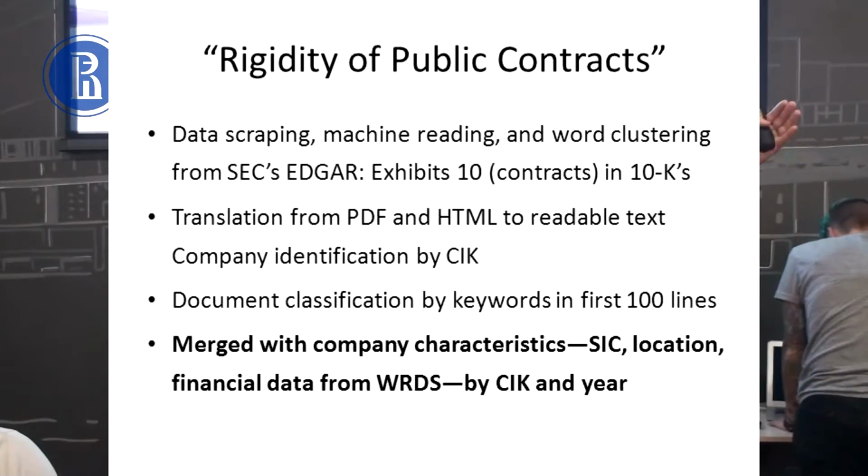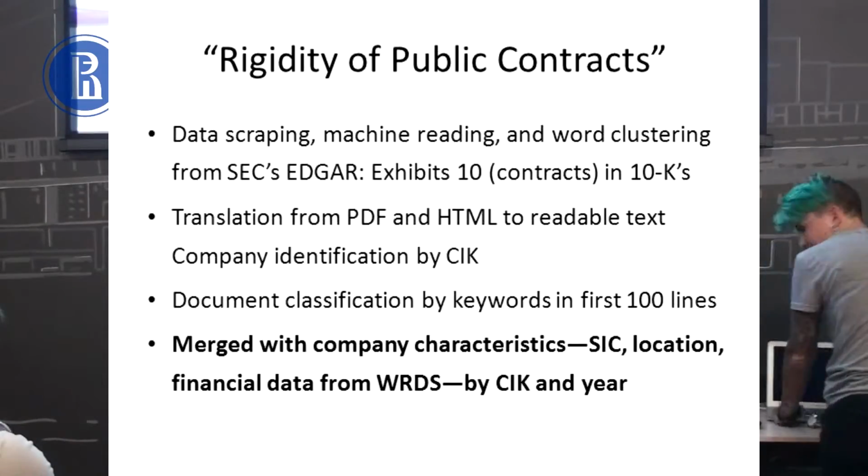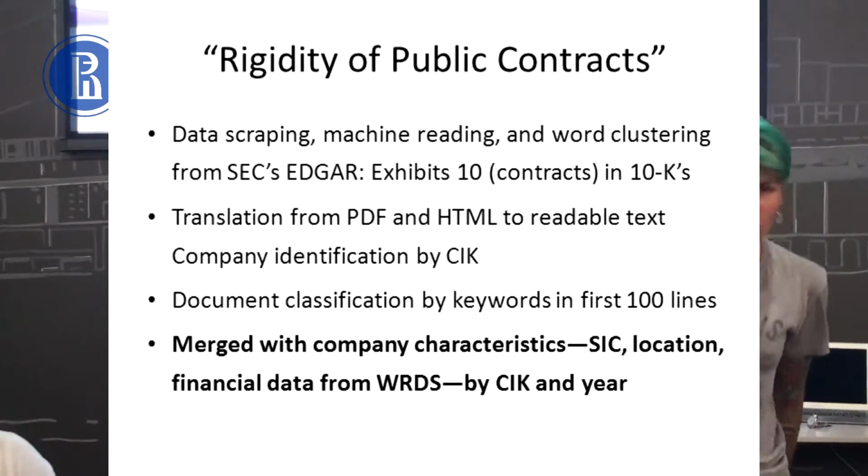In the SEC, you only have the contracts, the text, the identifier of the company, and the year of filing. Then I can get the hard data, such as the financials and the company sector, by merging with the company characteristics from the WRDS data set. That's how you can get much farther, by merging with a hard data set.